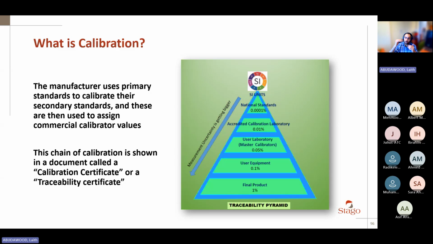So every layer adds more error to the measurement. It adds more uncertainty. We are more and more uncertain because every machine, every step adds more possibility of error, because machines are not perfect. Humans are not perfect. Okay. There is always a bit of error that is added. So the more you go down the chain, the more is the uncertainty of measurement.